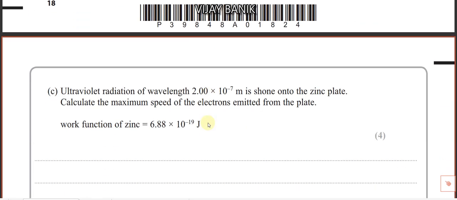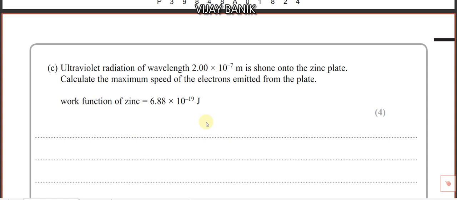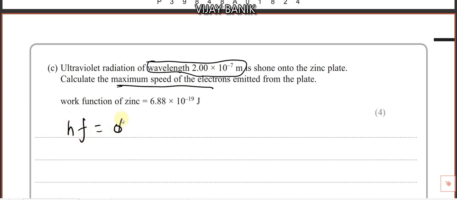Then they said ultraviolet radiation of wavelength 2 × 10^-7 m is shone onto the zinc plate. Calculate the maximum speed of the electron. You have the wavelength, and you have to find the kinetic energy. There is only one formula for kinetic energy in photoelectric emission, because from kinetic energy I can find the speed. But here wavelength is given, not frequency.